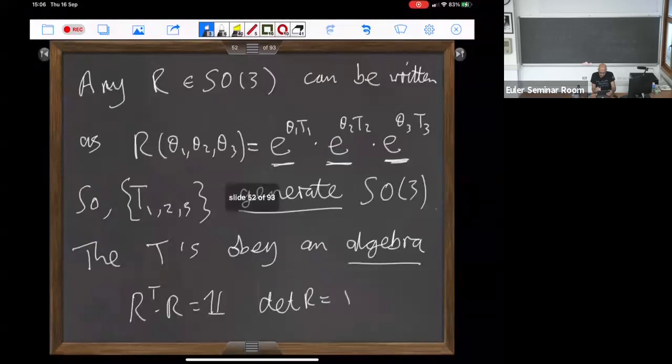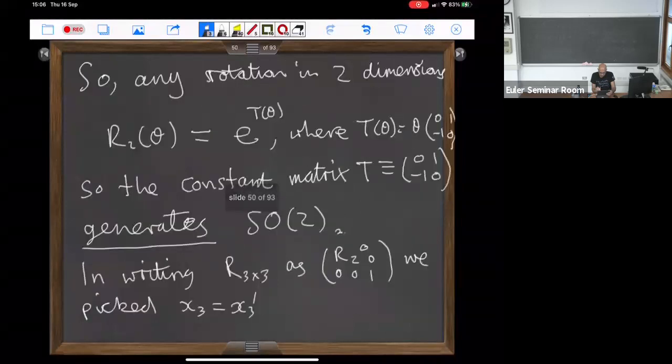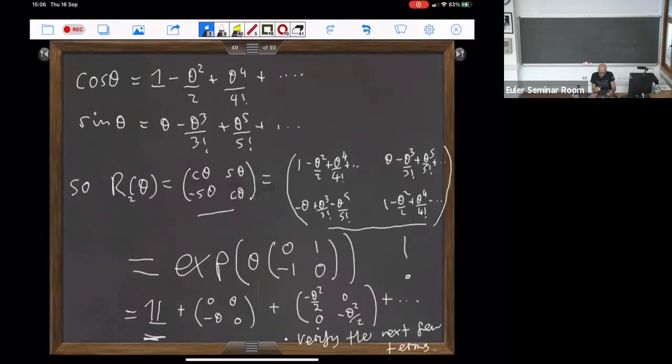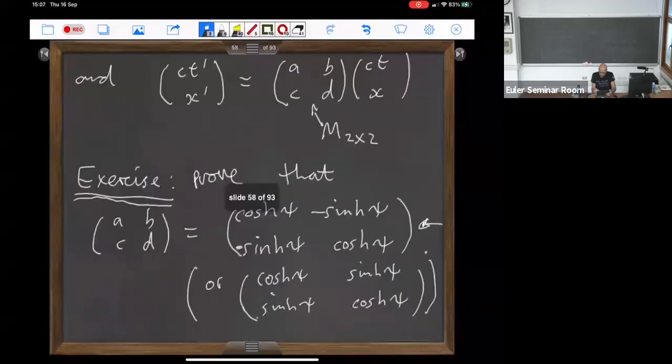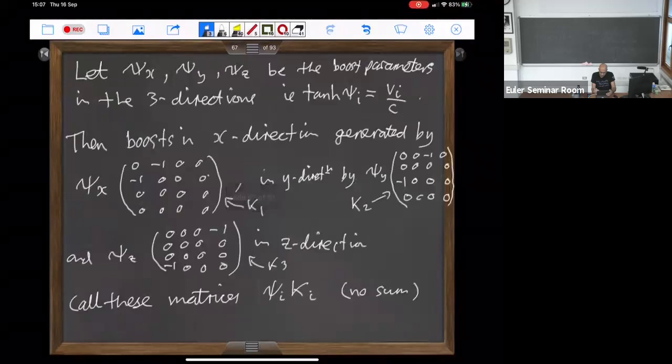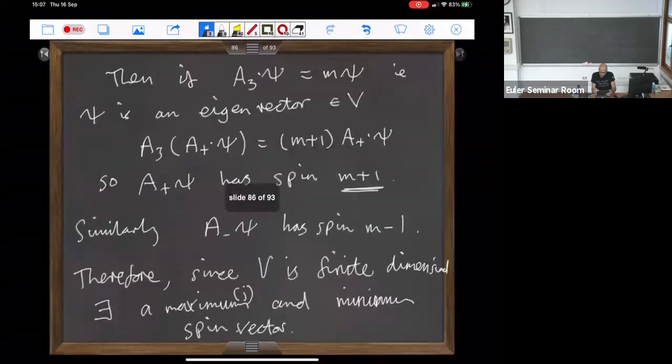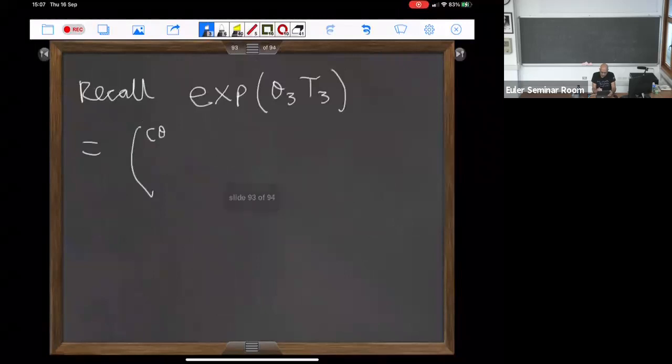Let me make sure I'm not changing conventions. Oh, there it is: cosine, sine, minus sine, cosine. So this is what we had before.